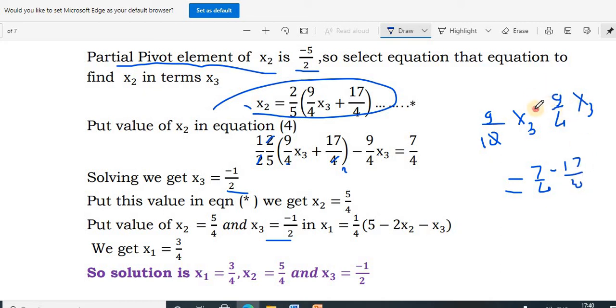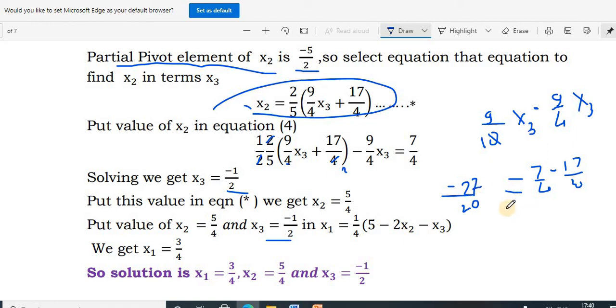So simplify this. So by 4 is there. So I multiply this by 2 and here by 5. So what am I getting? The denominator is 20. So 18 minus 9 into 5, 45. So simplify this, 18 minus 45. So it is minus 27.